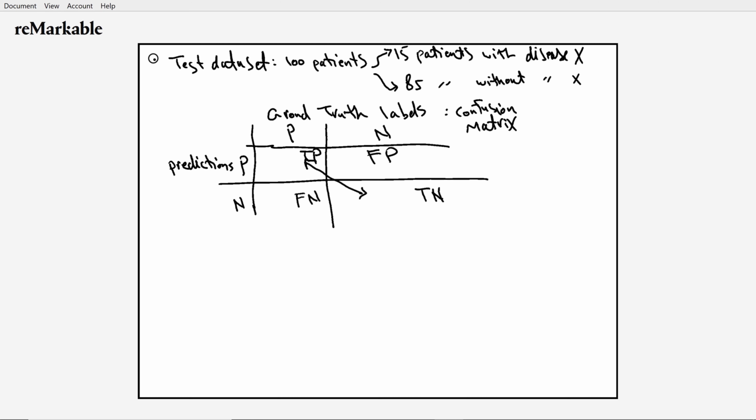So true positives and true negatives are good decisions; false positives and false negatives are bad decisions. And so every metric that you're going to compute to measure the goodness of your model is going to be based on these four numbers. So let's start with the basics, accuracy.